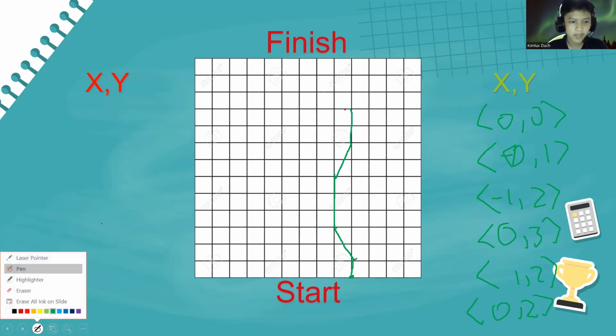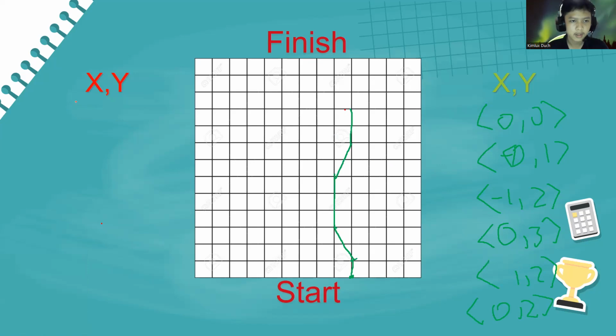And what about the red turn? Let's say the starting point is 0, 0. And then his next move is 0, 1, the same. And his next move is 0, 2.